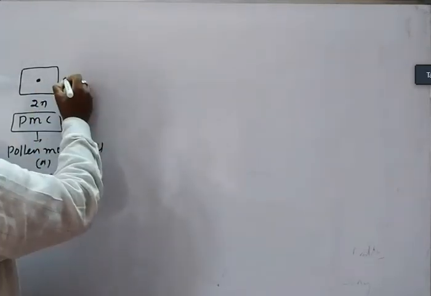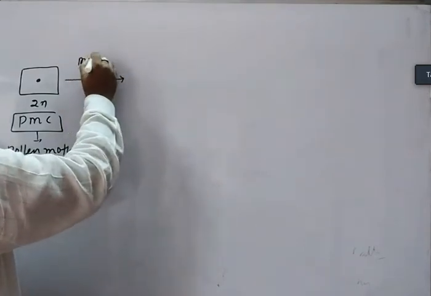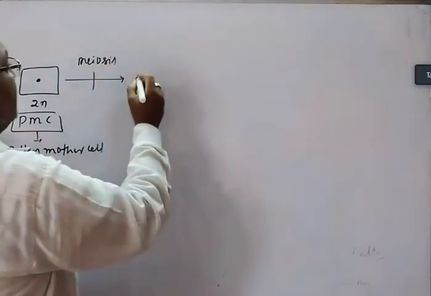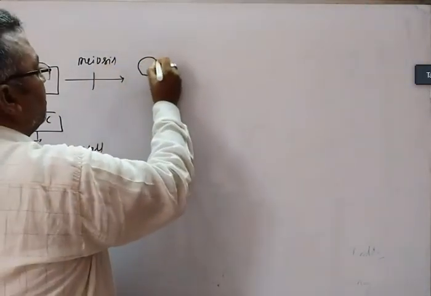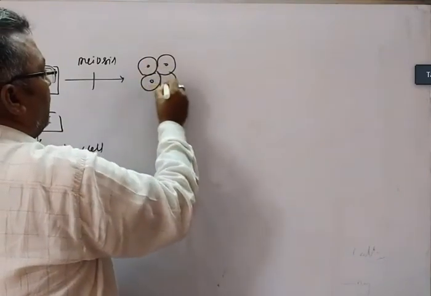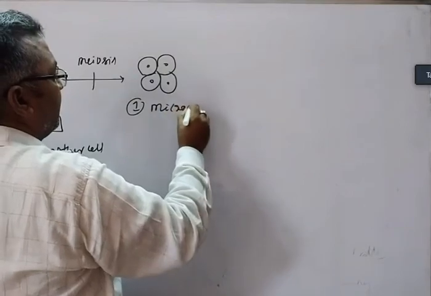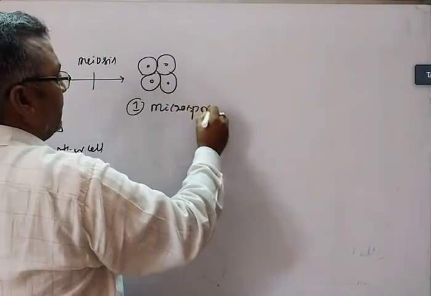Now this undergoes one meiosis. As a result, you are going to get one microspore tetrad.